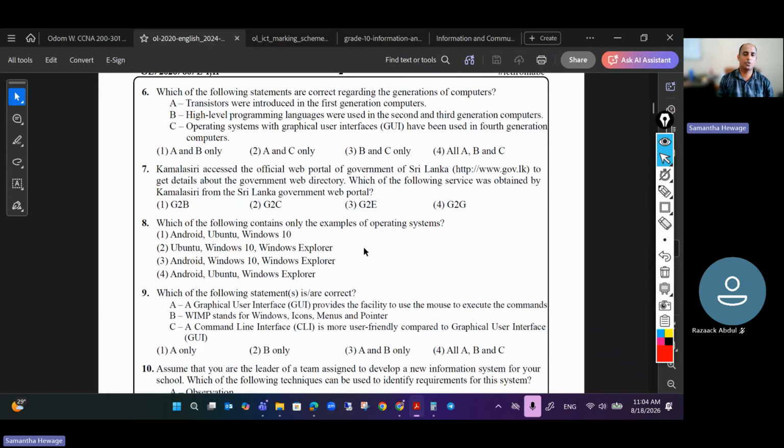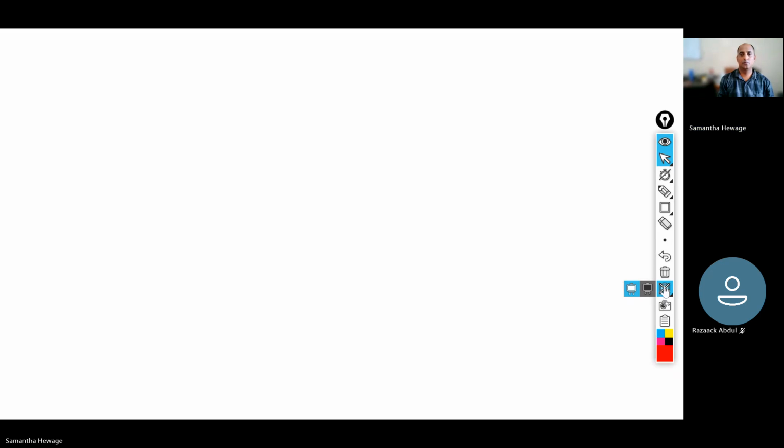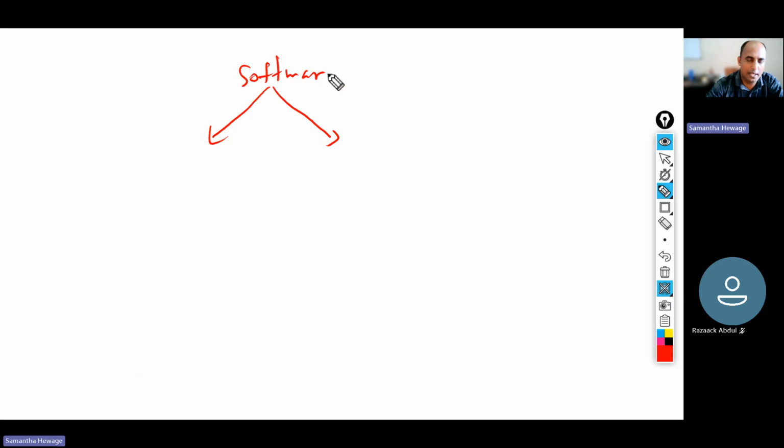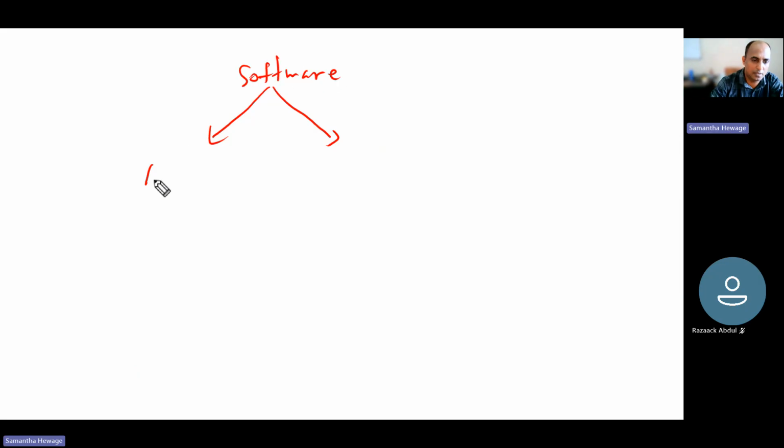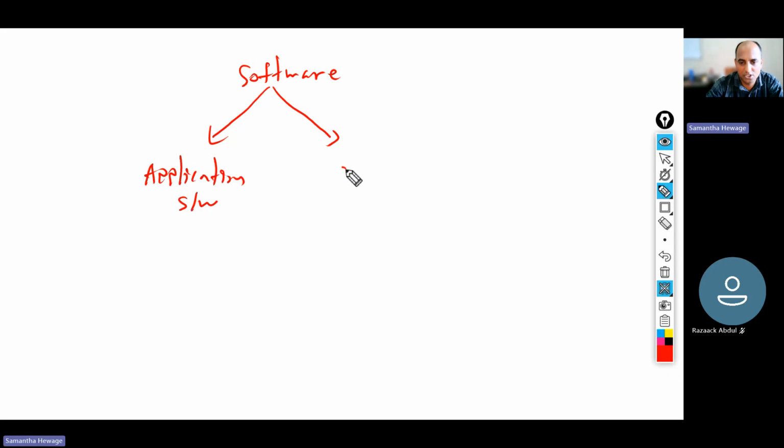Right. So normally computer software is like this. Software is mainly divided into application software and system software.